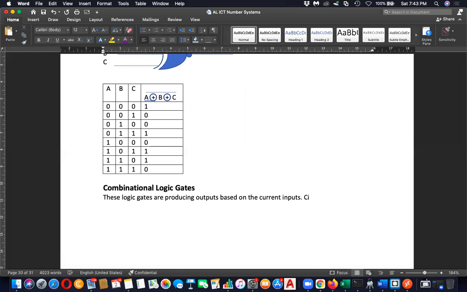Circuits are created by using one or more of the above gates.